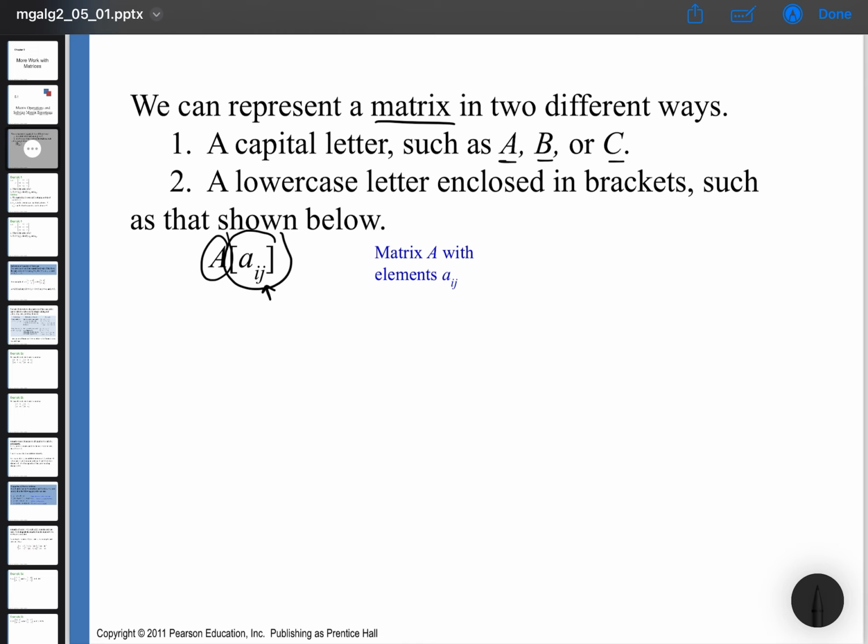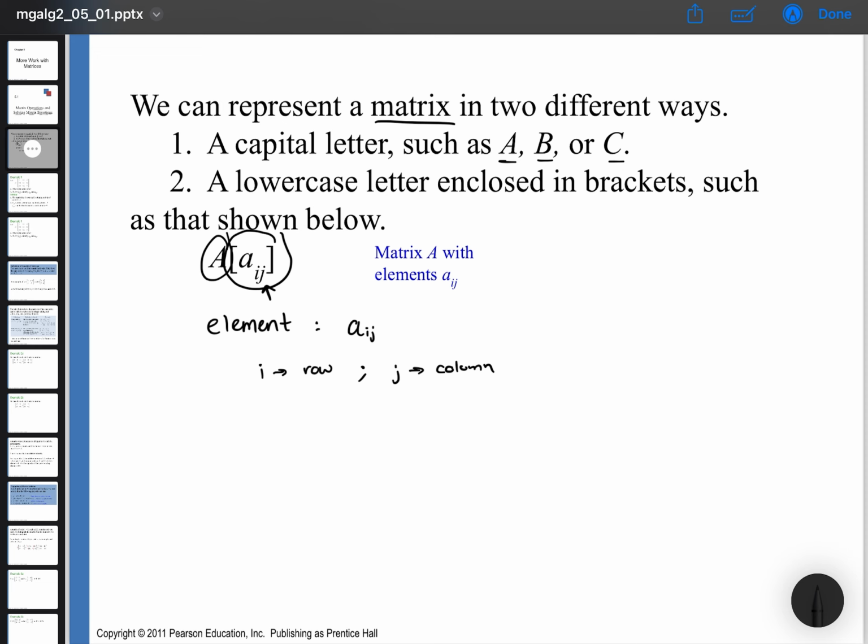A general element, we talked about elements a little bit last week, but basically a number inside of a matrix is an element. Here, we're going to denote an element by saying a_ij. i refers to the row that it's in, and j refers to the column that that number or particular element is in.